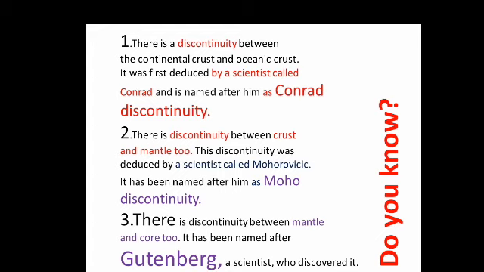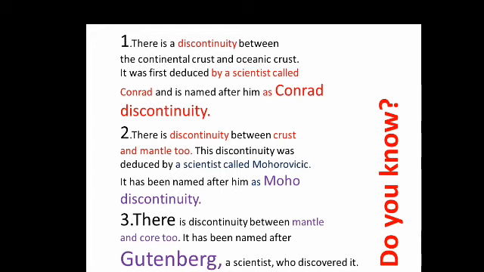Second, there is a discontinuity between the crust and the mantle too. This discontinuity was deduced by a scientist called Mohorovicic. It has been named after him as the Moho discontinuity. You see here the line or the discontinuity shown between the crust and the mantle by Moho.